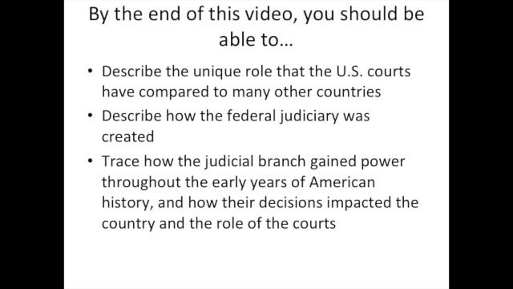We'll also talk about how the judiciary was created and why it was created in the manner that it was as far as its structure goes, and talk a little bit about the history of the Supreme Court of the United States. We're not going to go into a lot of specifics, but just look at some very broad picture trends that the court has undergone over the last couple of centuries. So with that in mind, let's go ahead and get started.